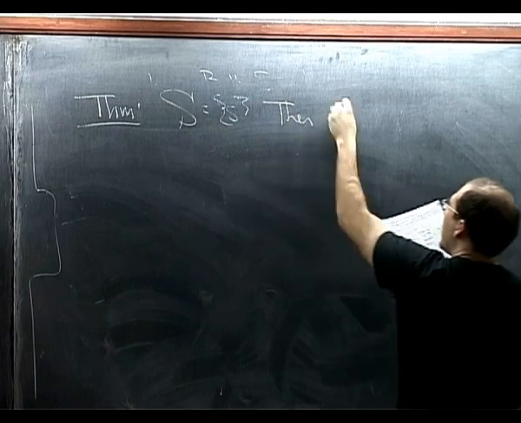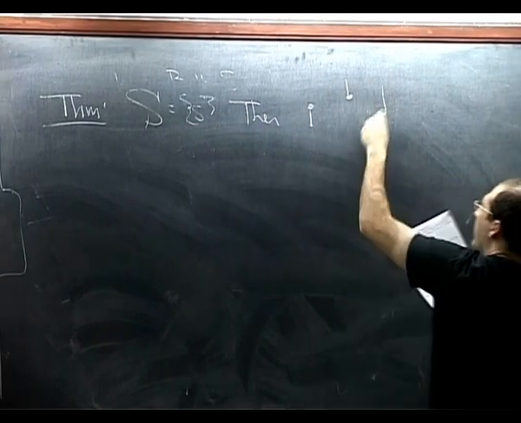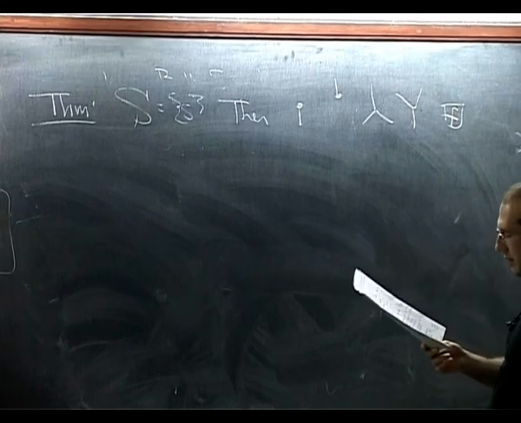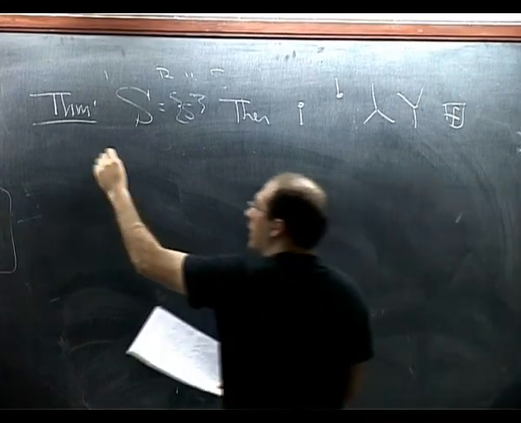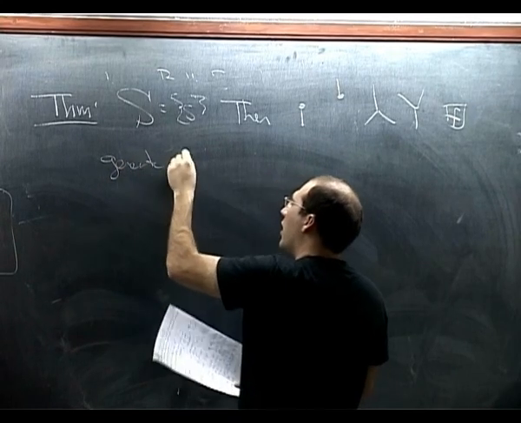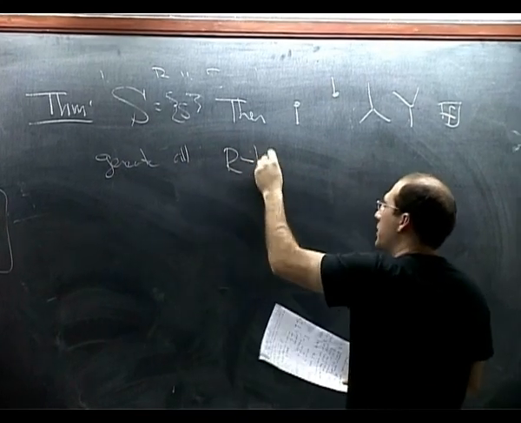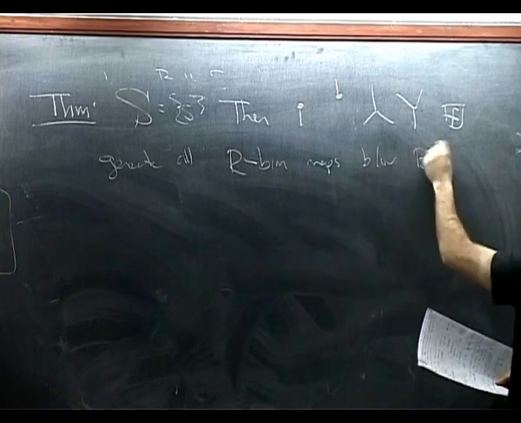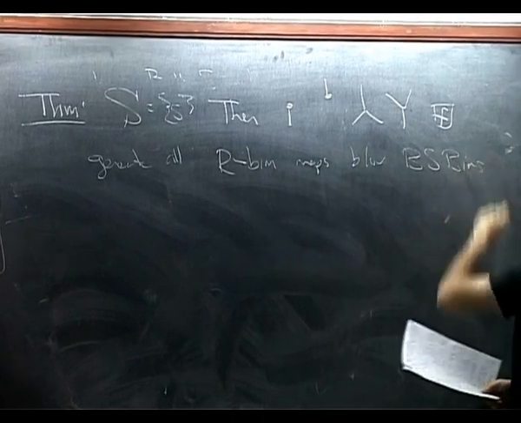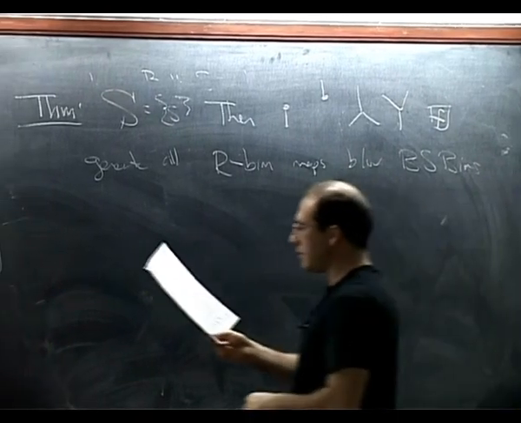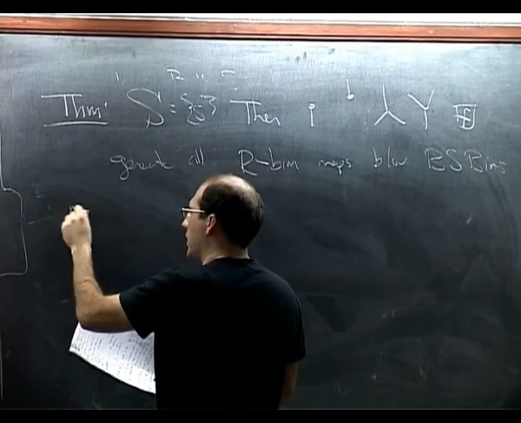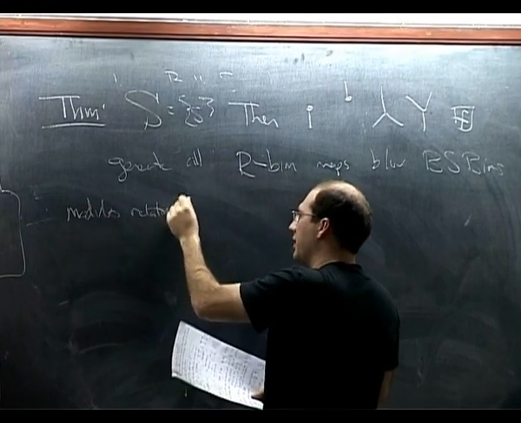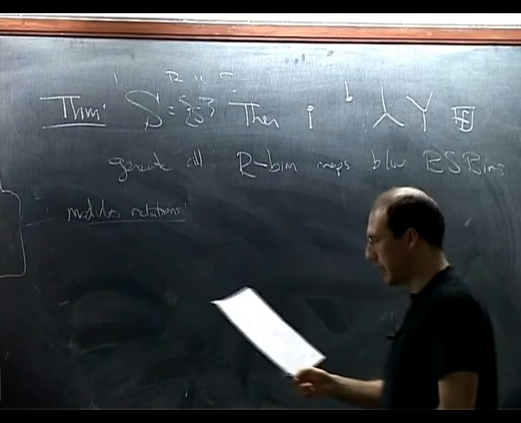Then these 5 generators generate all R bimodule maps between Bott-Samuelson bimodules modulo the relations. So I'll write down a sort of nice minimal set so that you have them.